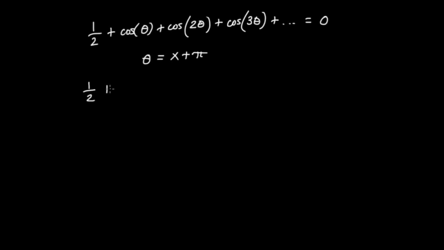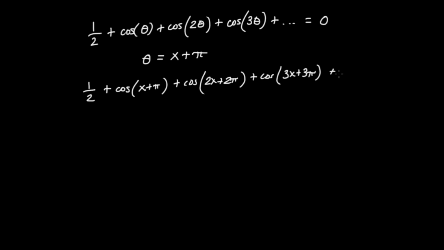I have 1/2 plus cosine of x plus pi plus cosine of 2x plus 2 pi plus cosine of 3x plus 3 pi, and so forth, is equal to 0.